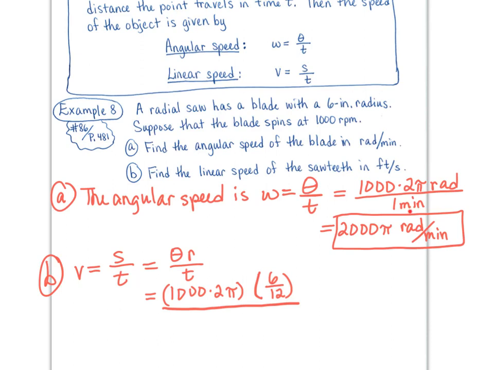Now we're going to divide by our time. Our time was 1 minute, but we want seconds. So this should be divided by? 60. Very good. Divide that by 60.